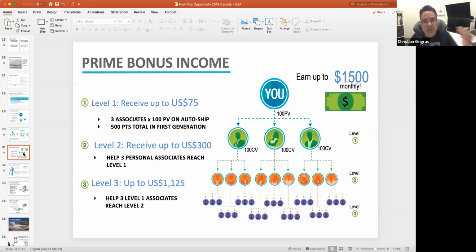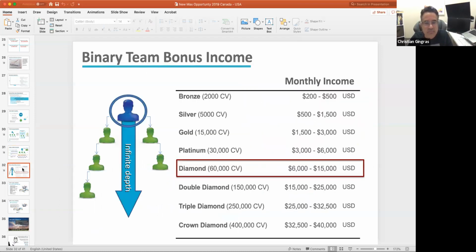So this is just, again, a follow through from this slide. So people understand that it continues if you duplicate the process. But here's what's really important. As you're moving on from this slide to this one, now we get into the heart of the income compensation plan, which is the binary team bonus.